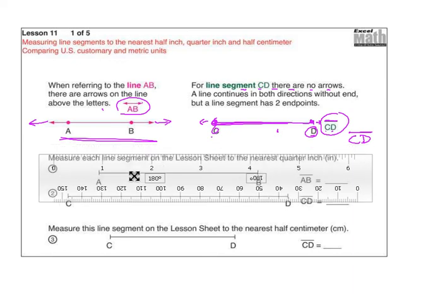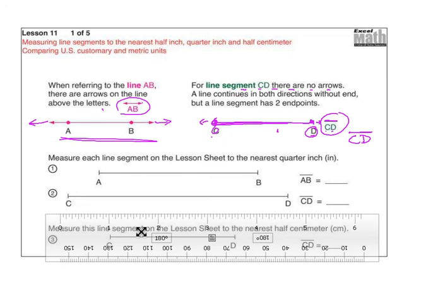Okay, 0 is right here, and 1 inch is right there, and 2 inches is right there. The ¼ inch marks are halfway in between the ½ inch marks. So if this is the 0, the 1/2 inch would be about right there. And so 3/4 of an inch would be there, and 1/4 of an inch would be right there.